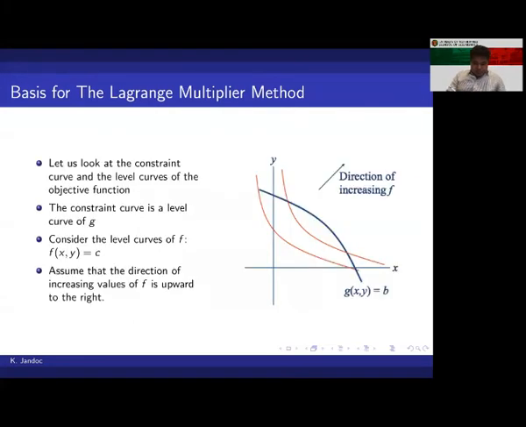Like I said, we have the constraint curve, and it's denoted by this dark blue line. All points on this curve, x1, y1, and then x2, y2, once entered into the function g, spit out b.